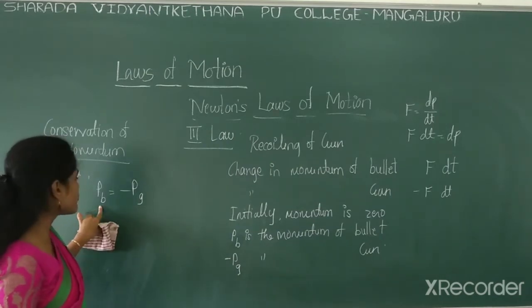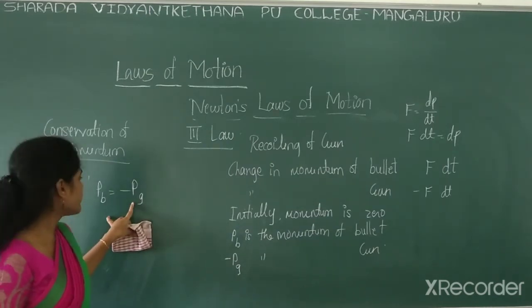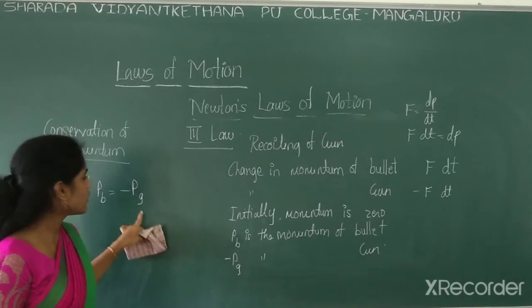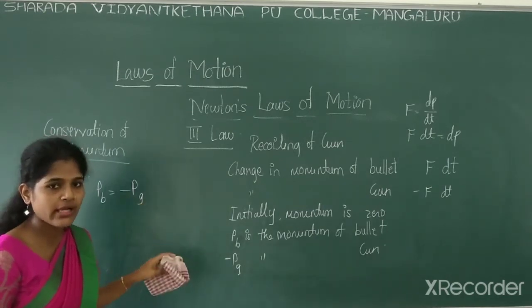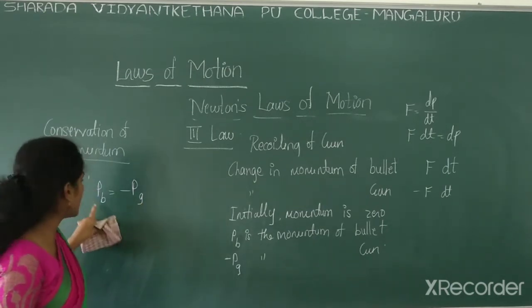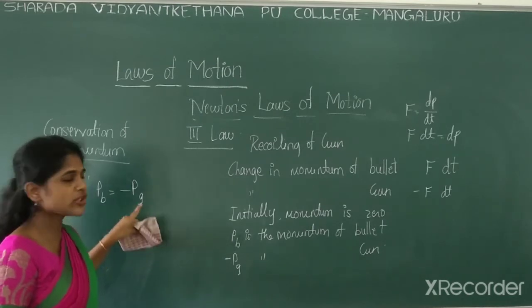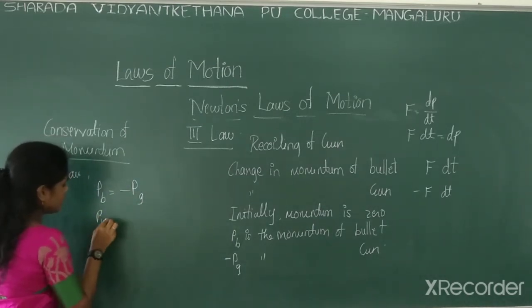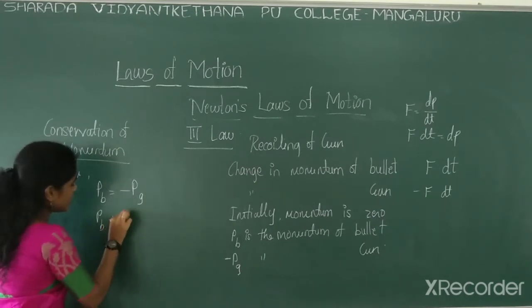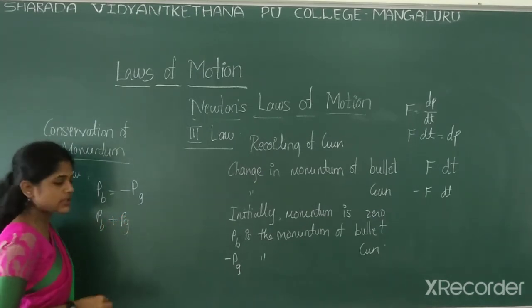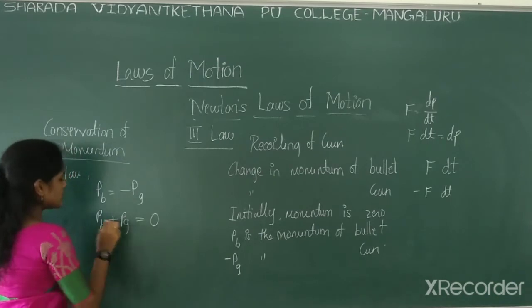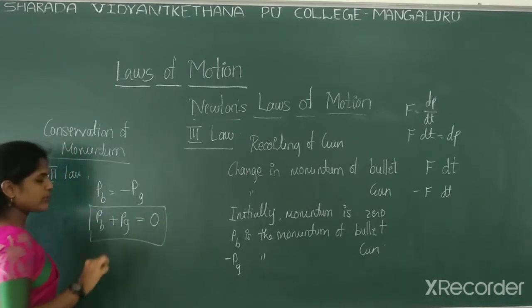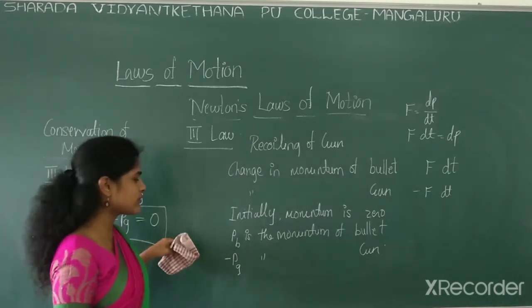So the momentum of the bullet equals the momentum of the gun in magnitude. Why is it minus? The gun recoils back and the bullet moves in the forward direction. Pb equal to minus Pg according to Newton's third law. When we take Pg to this side, it will be Pb plus Pg equal to 0. This is the final or resultant momentum of the system.